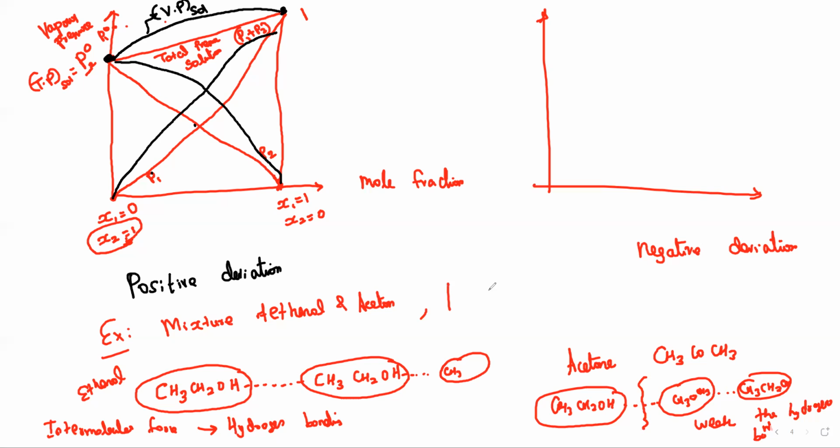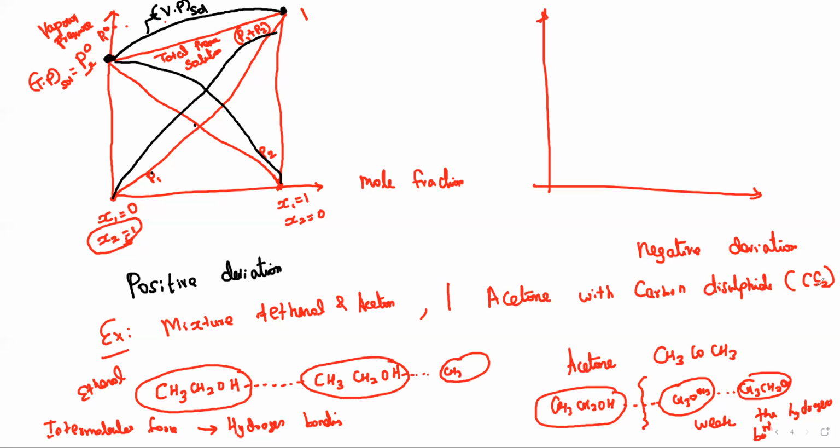And another example, acetone with carbon disulfide. What is carbon disulfide? Acetone is CH3COCH3. Carbon disulfide is CS2. Carbon dioxide we know, this is carbon disulfide.